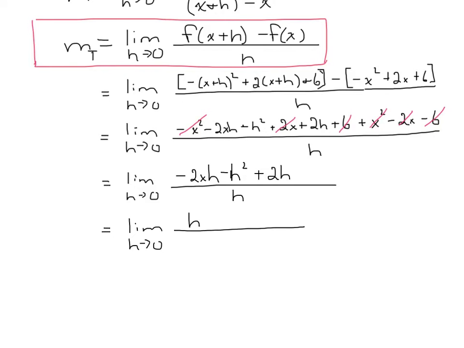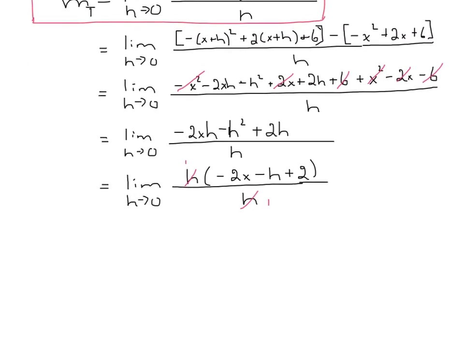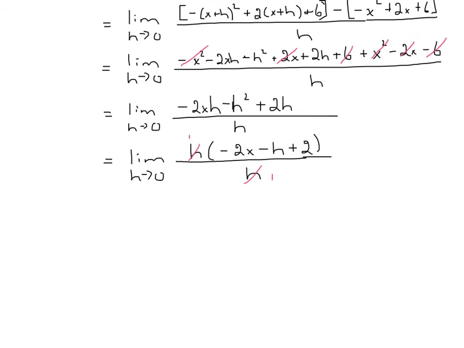And so let's take a common factor out of h, left with negative 2x minus h plus 2 all over h, and lo and behold, those h's nicely cancel for us, which is really nice, because this gives us the limit of h approaching 0 of [negative 2x minus h plus 2].